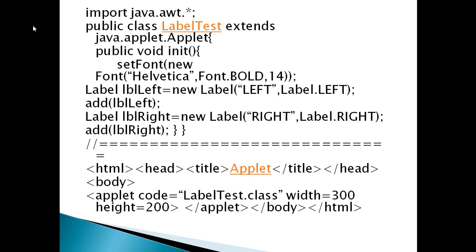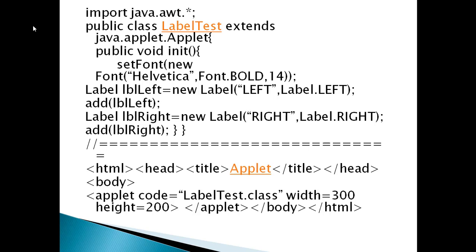Next, we are going to create an object for the labels. Which label do we want to create? Label lblLeft, its object, equal to new Label("left", Label.LEFT). It is the alignment, semicolon. Next, after creating the label we need to add it to the window by using the add method: add(lblLeft); semicolon.